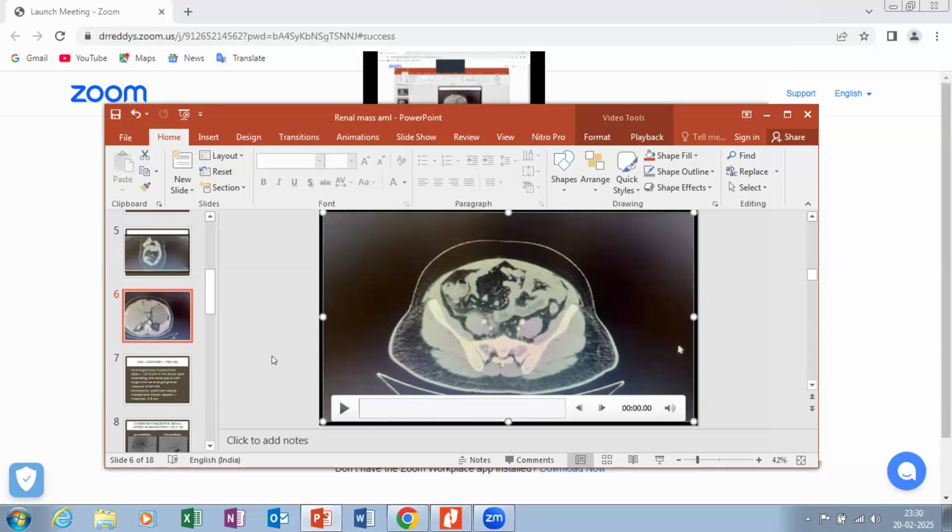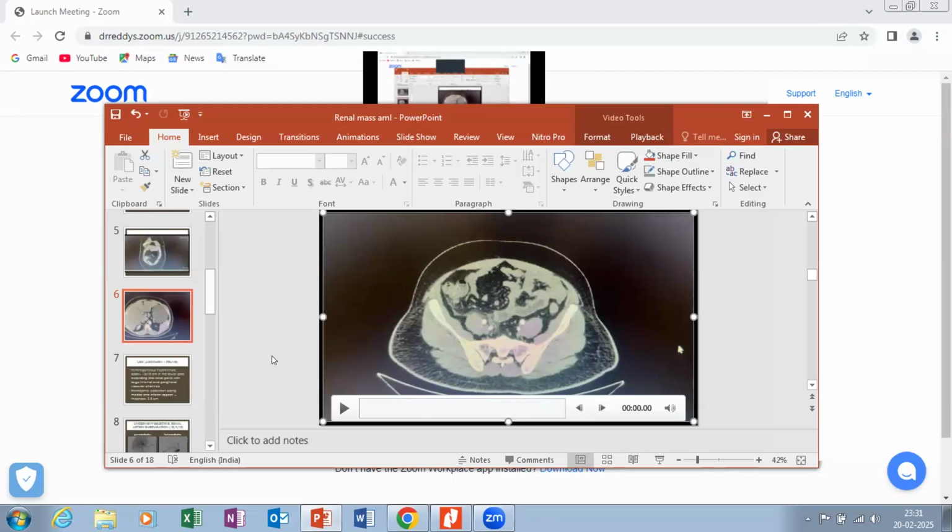Gaurang sir also gave you a hint. This tumor is very close to the vascular hilum. If you see, the medial part of the mass is very close to the renal vessels, whether vein or the artery, it is not clear.